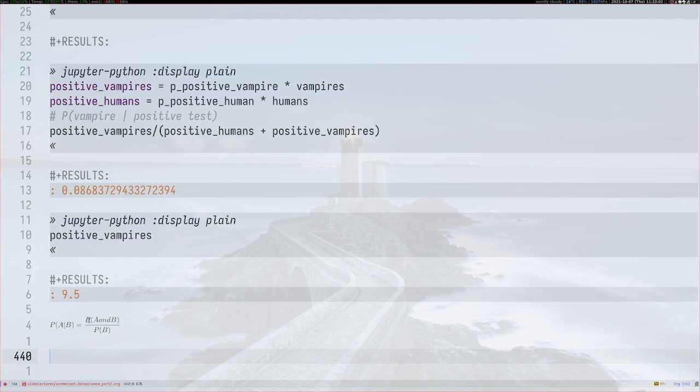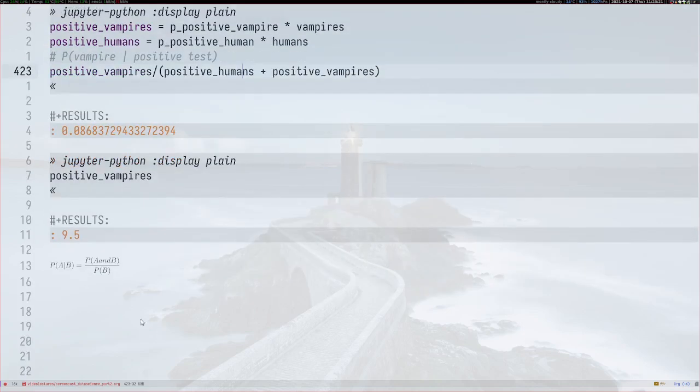So here we have the number of positive vampires, and we divide by the probability of B, in our case the probability that somebody is positive, which is the sum of positive humans and positive vampires. So this is Bayes equation.